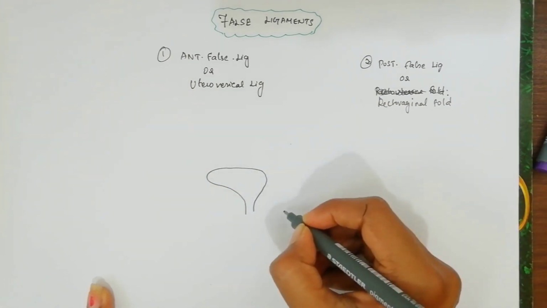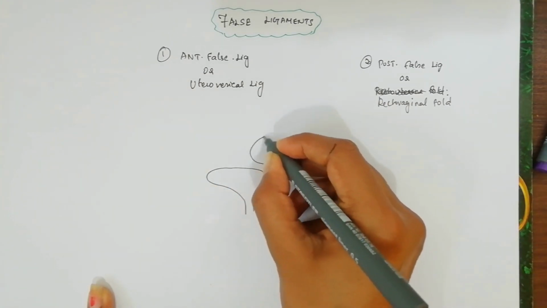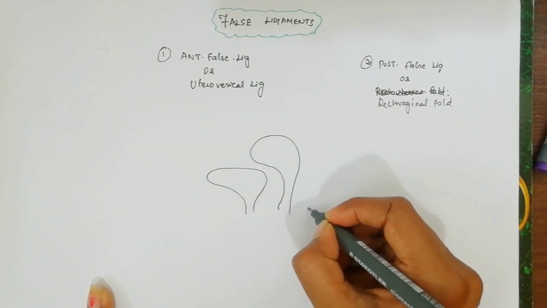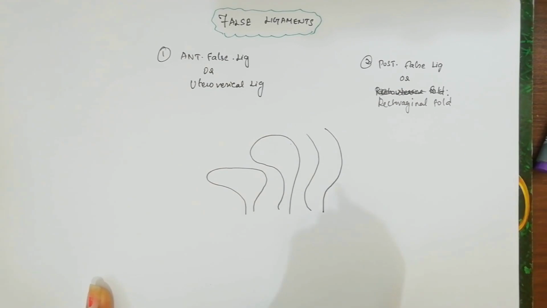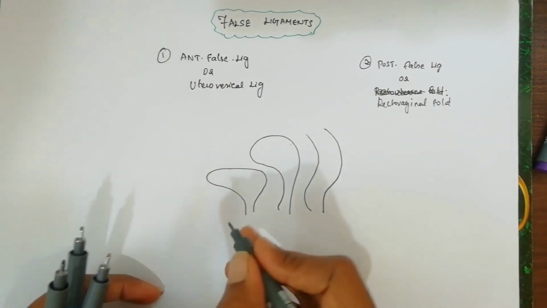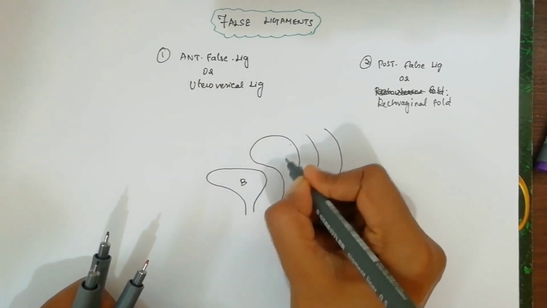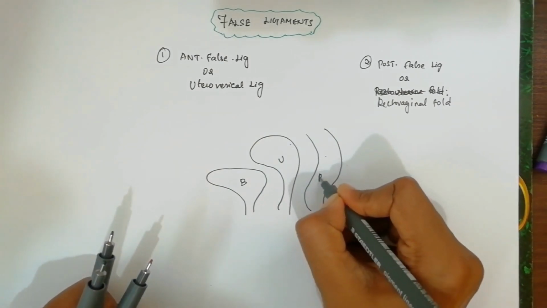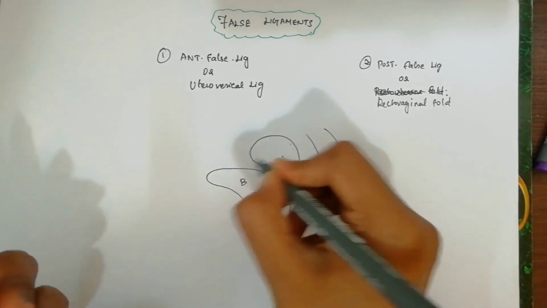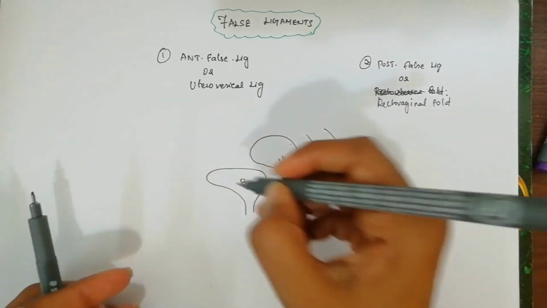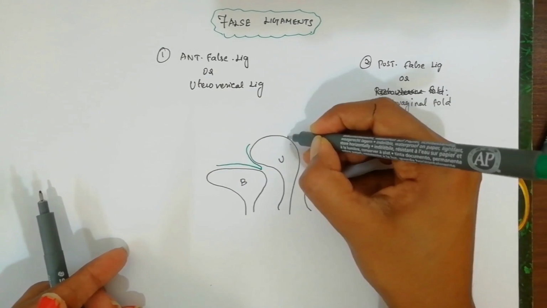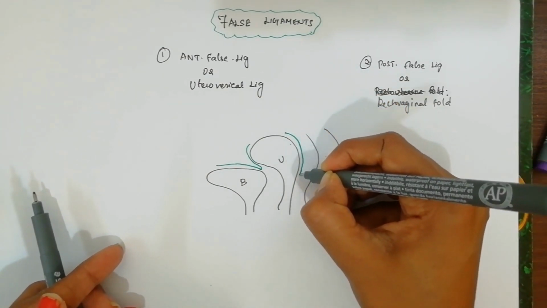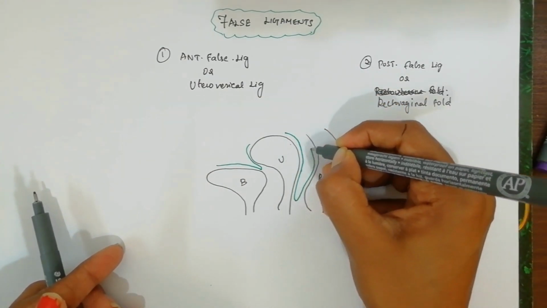So we have got a bladder and the uterus, and then we have got our rectum. Likewise we have got the three organs in sagittal section: bladder, uterus and rectum. Between these we have got some pouches. We have got a pouch between the bladder and uterus, and the same way between the uterus and rectum we have got another pouch extending.